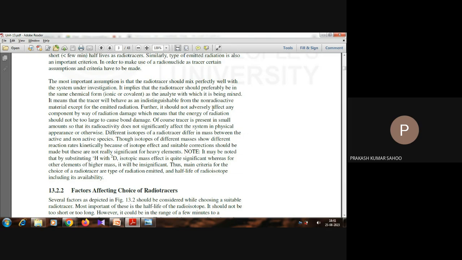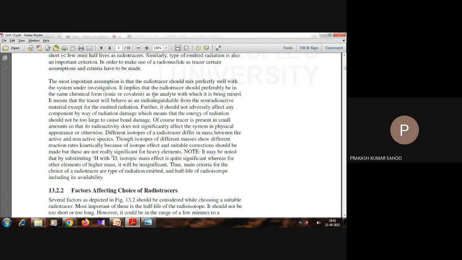For this we have to add a radioactive tracer, and that tracer must not have too long or too short a half-life period. So we have to choose the tracer very precisely.